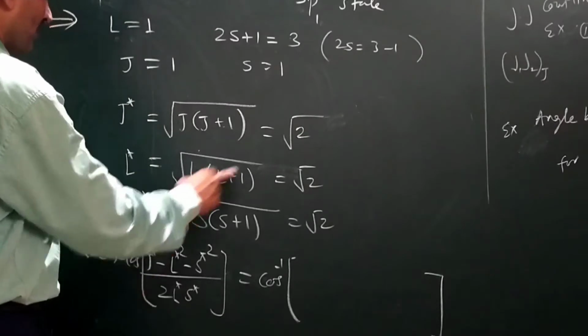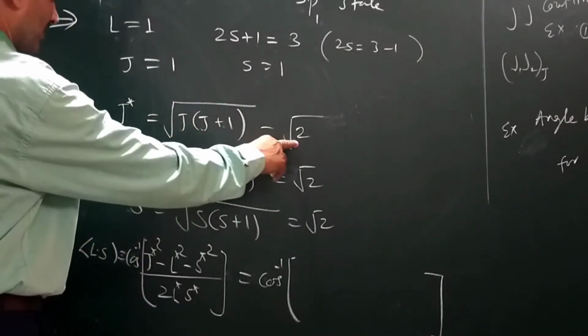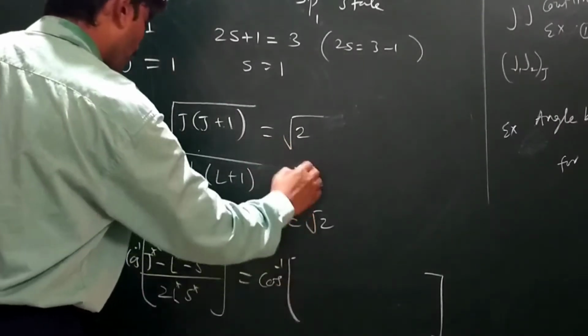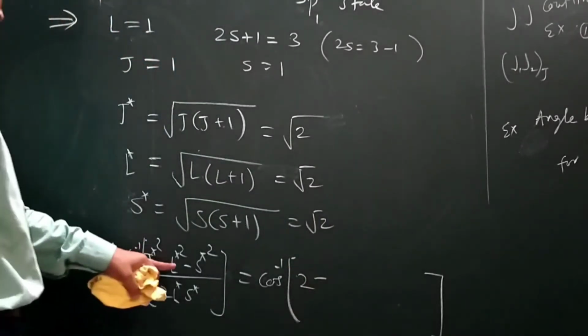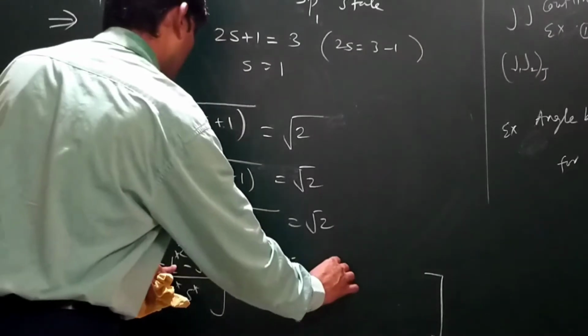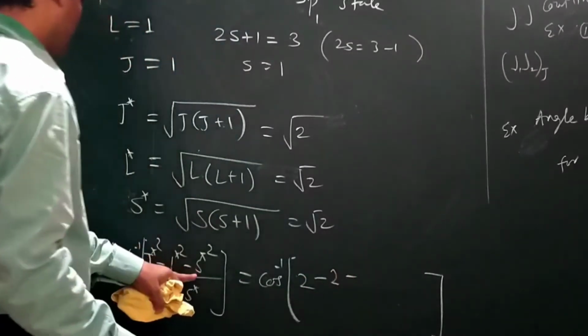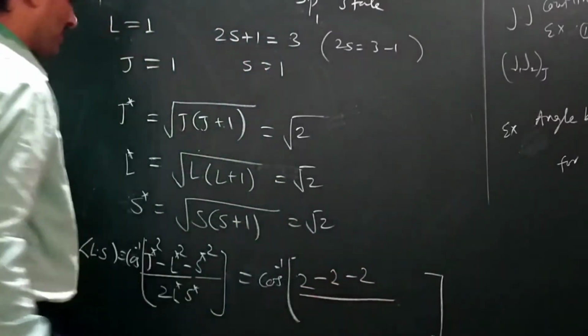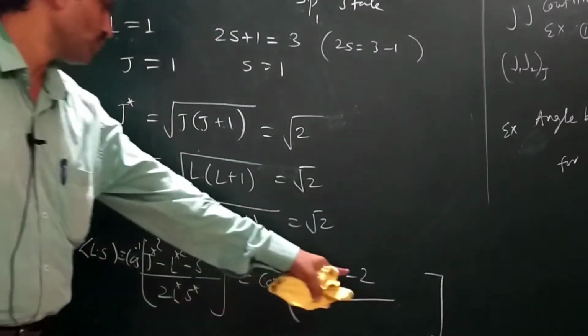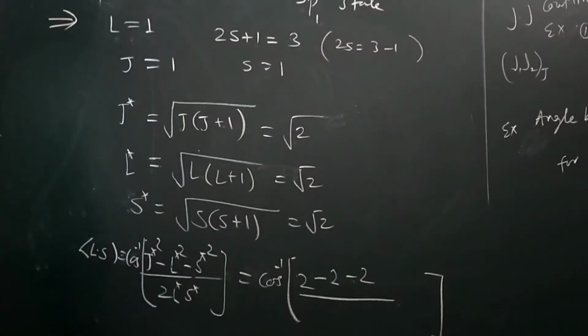So J star square, that is the square of root 2, equals 2. So 2 minus 2 minus 2, 2 minus 2 is 0, so minus 2 will remain.